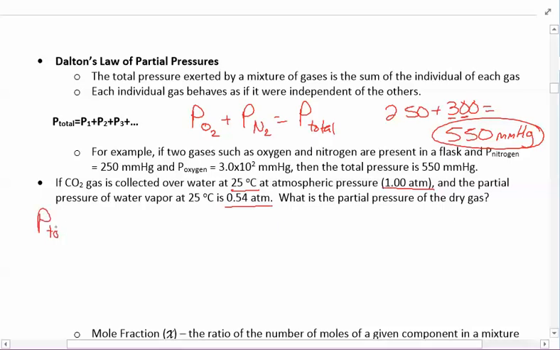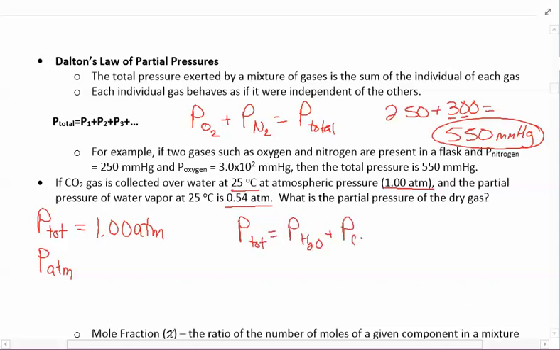Most of the time, P total is going to be the same as P atmosphere. Your pressure of the atmosphere, your barometric pressure, is usually your P total. So for us, it's going to be 1 atmosphere. The partial pressure of the water vapor, so P of H2O, plus the pressure of carbon dioxide.